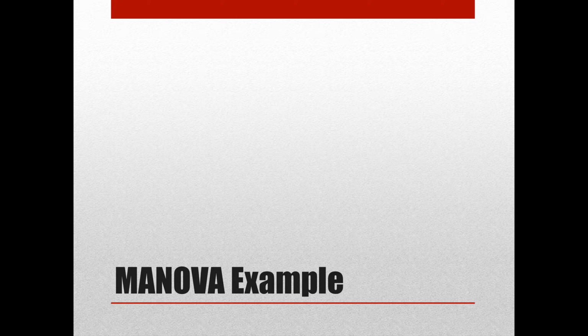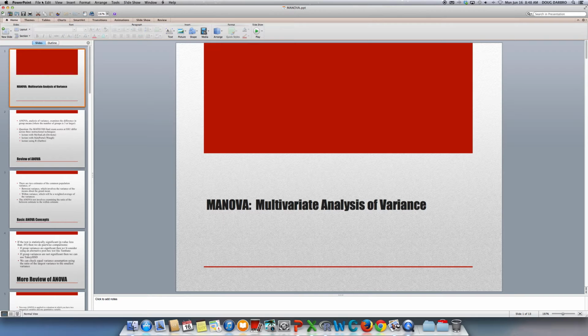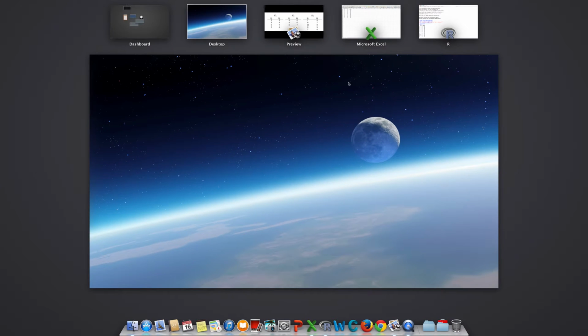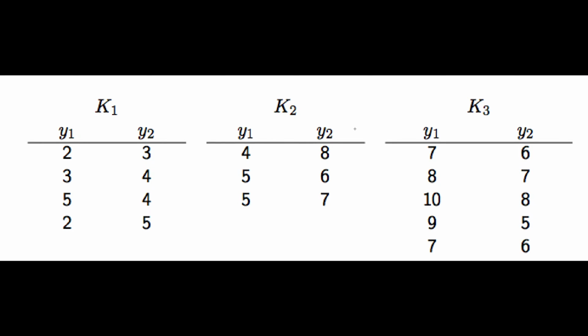Let me shut down PowerPoint, and I want to come up and show you an example of some data that I have. What we've got here is three groups. You might think of it as three treatments, three instructional techniques, whatever. And we have two dependent variables, y1 and y2.